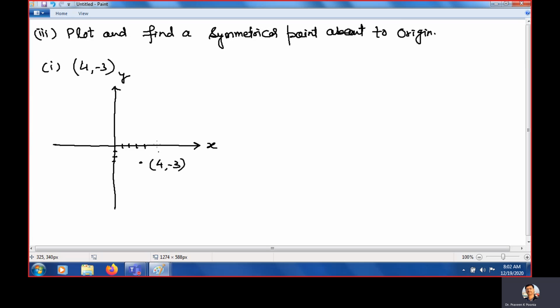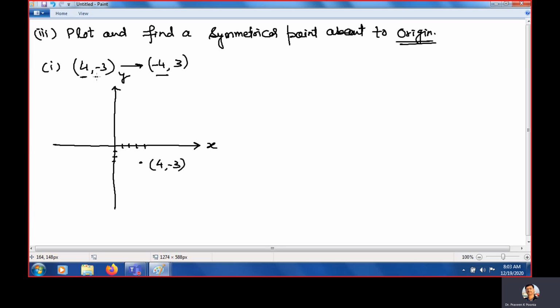4, minus 3. And how to get the symmetrical point about origin? Replace 4 by minus 4 and 3 by minus 3. So minus minus plus, it will be minus 4, 3, because we are changing both x and y. So plus 4 changes to negative, and negative 3 changes to positive.